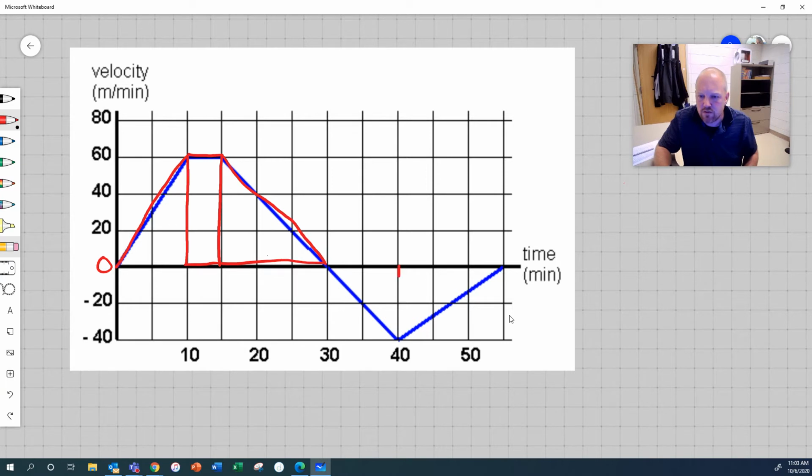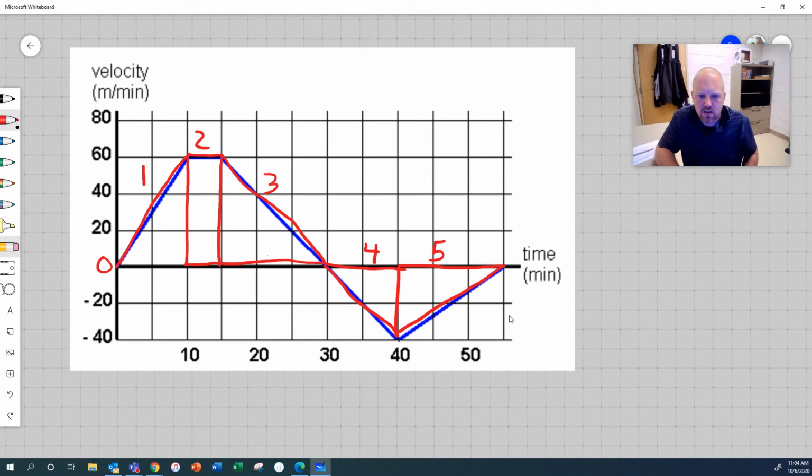And so we have two more triangles below the line right over here. And so once you've broken your graph into 1, 2, 3, 4, 5 different sections, what you need to do is find the area of each of these sections.